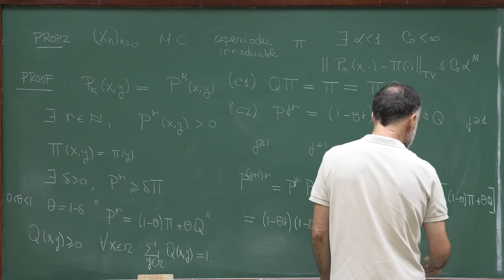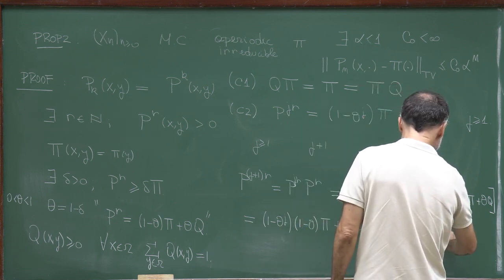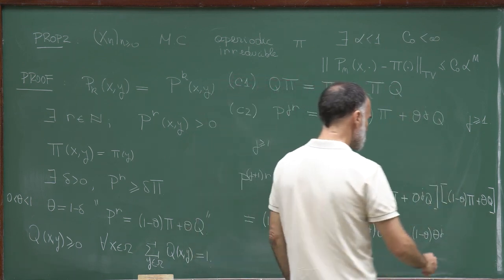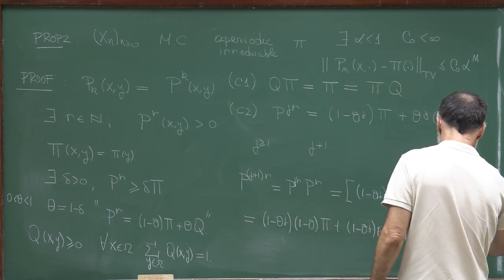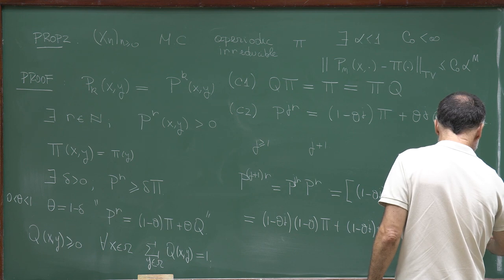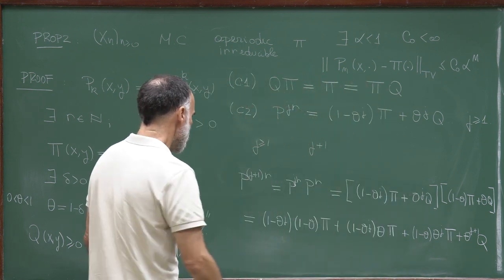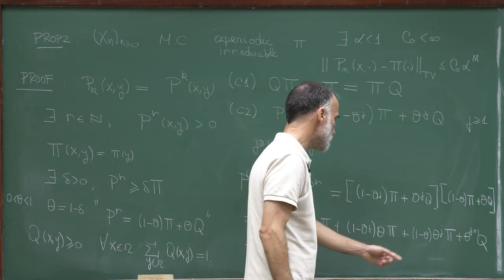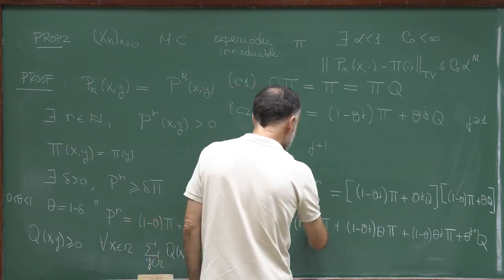Then we have this term. So this term is 1 minus theta, theta^j q pi, but q pi is pi. And finally, we have the last term, which is theta^(j+1) q. And now all the first three terms are equal to a number times the matrix pi.